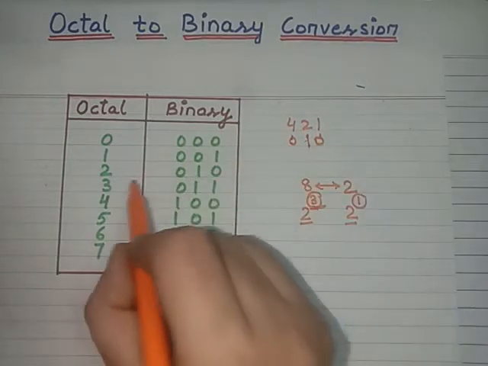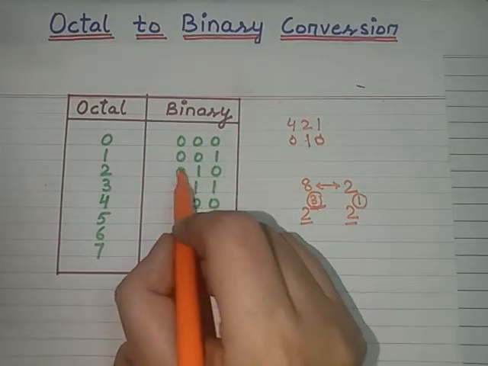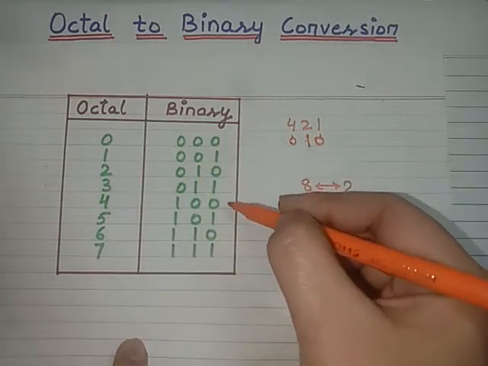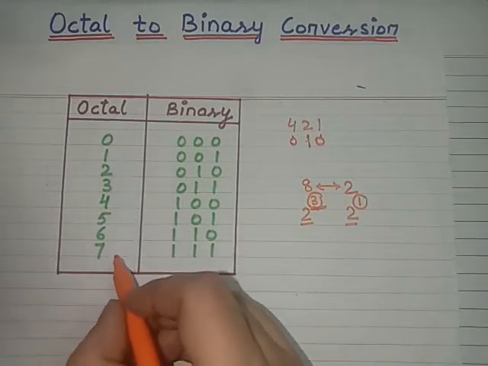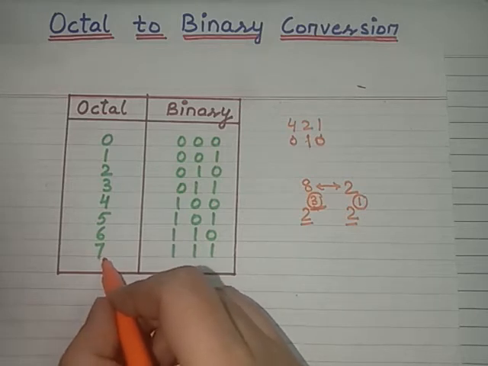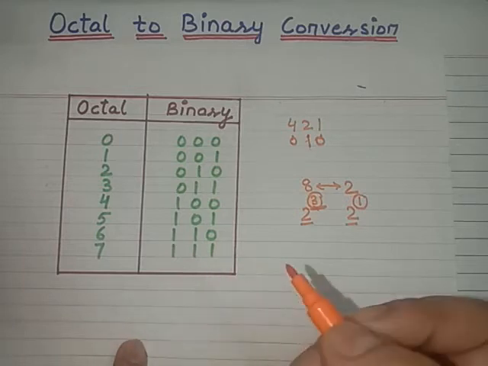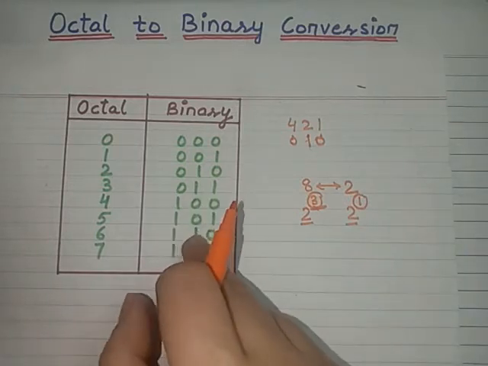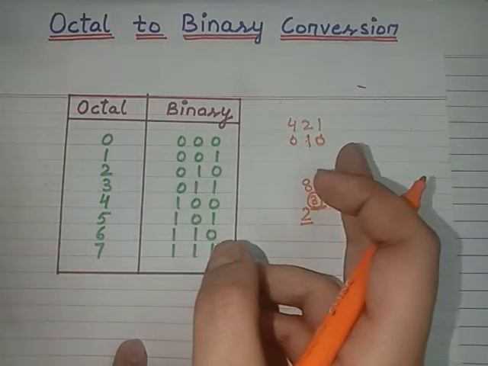So the binary code for the octal number 2 is 010. As we have 0 to 7 numbers in the octal number system, the maximum number 7 can be represented by 111 in binary. So this is the table, and this will be used in octal to binary conversions.